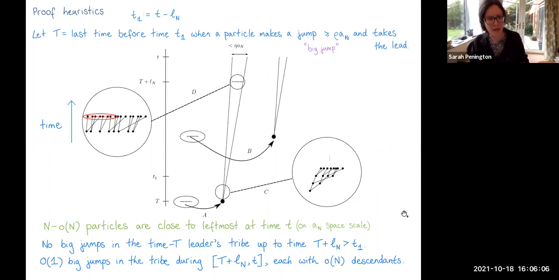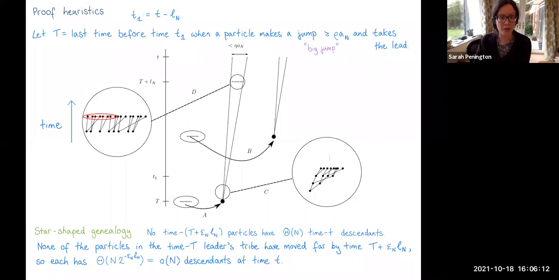And then the final thing that we claimed was that the genealogy is star-shaped. So we claimed that if you trace ancestry of a sample back to time a little bit after time capital T, then none of the ancestral lineages have coalesced.